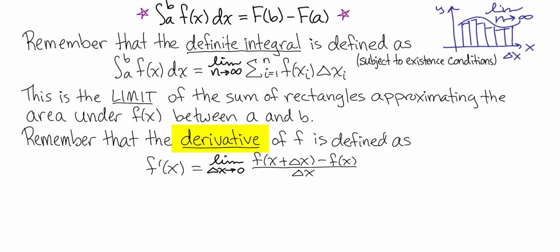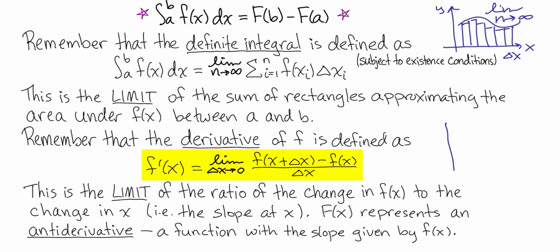Remember that the derivative of f is defined as f prime of x equals the limit as delta x goes to 0 of f of x plus delta x minus f of x over delta x. When we're doing derivatives, remember we're calculating a slope. We're finding the slope at that point. So that's the rise over run.